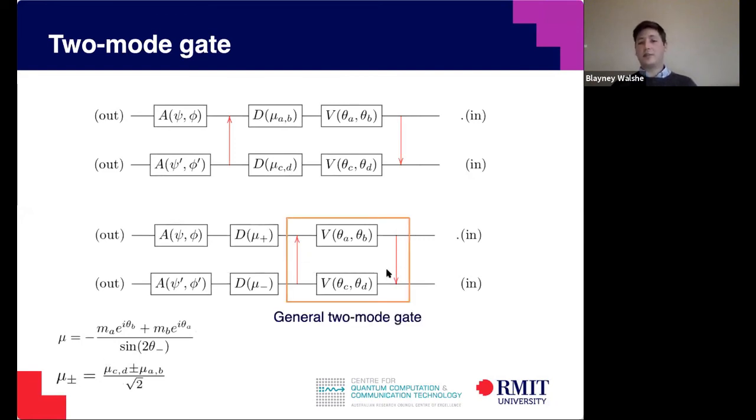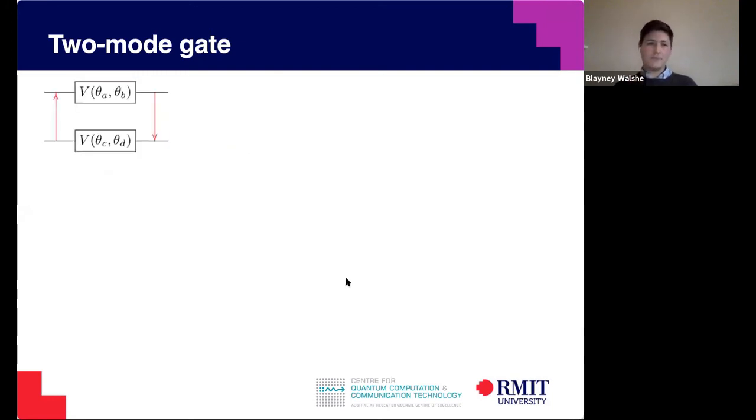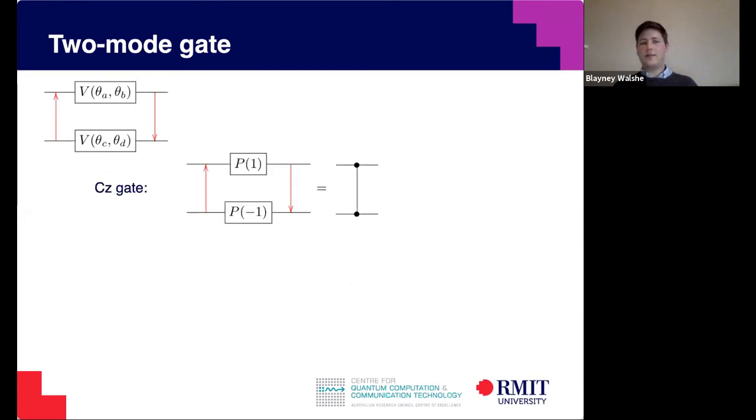But we have this general two-mode gate now, which is brand new, hasn't been shown before, which is in terms of the old V gate, which is nice. So we can use that to make a few statements about this two-mode gate. Firstly, if we make V equal a shear of weight 1 and a shear of weight -1 on the bottom, this is equal to a CZ gate.